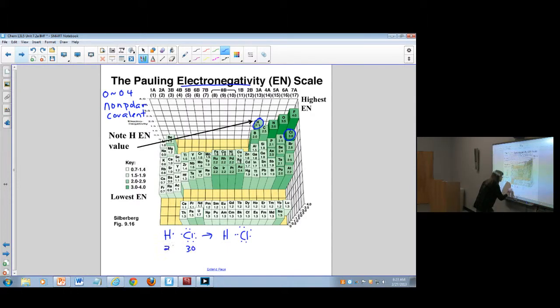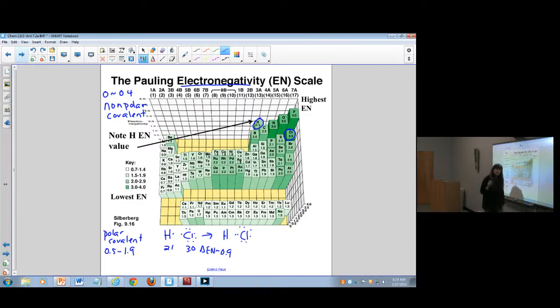This one's 2.1. The delta EN is about 0.9. Okay, so that would be a polar covalent. Polar covalent. And we said, on a rough scale, that that's roughly 0.5 to about 1.9 on the delta EN.